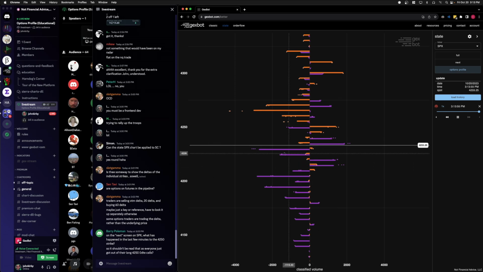Seems like they're exiting here, though. Exiting there. I wonder. Still doesn't look like we're going to just cascade to me.